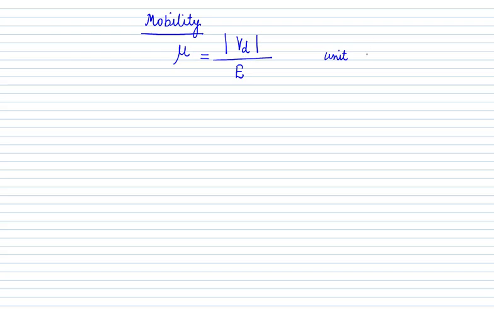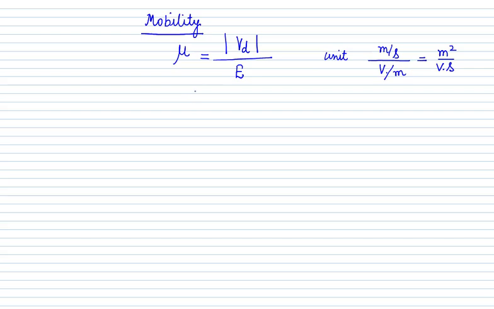If you want to calculate the unit of mobility, then it is very simple, because here we have the drift velocity, and drift velocity will be in meter per second, since this is the velocity, and the electric field is in volt per meter. So the unit comes out to be meter square upon volt into second, right?